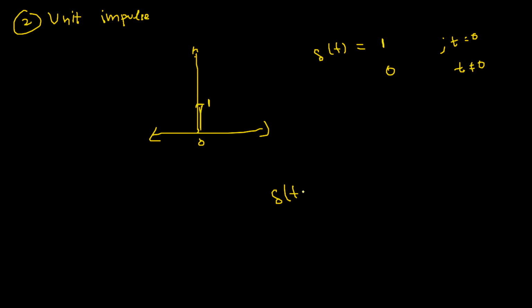Now if I have delta of t minus 1, the same thing happens. My graph just gets shifted by 1 unit to the right. So at t is equal to 1, I have the value 1. So that is what the unit impulse function is.